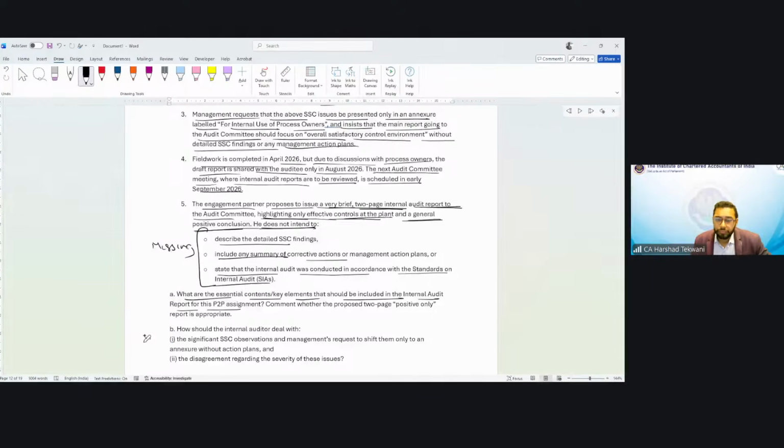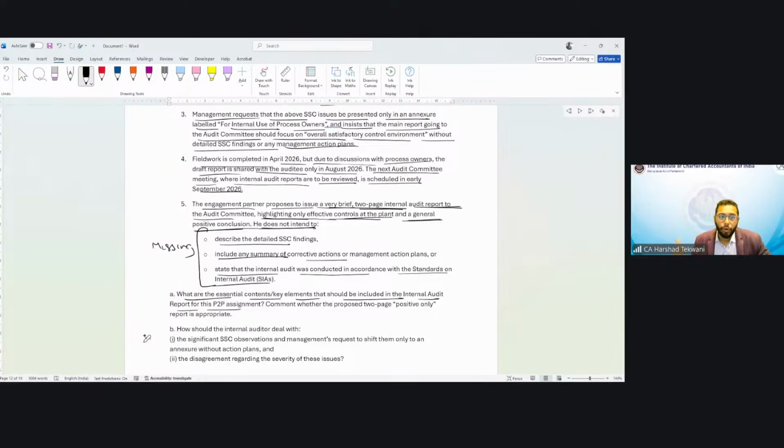It's not covering all the aspects. So we discussed the 5 key elements. Can you map against these 5 key elements and tell me what is missing over here? The corrective actions are not there. Detailed findings are not there.